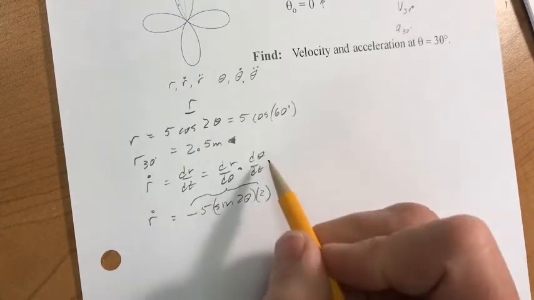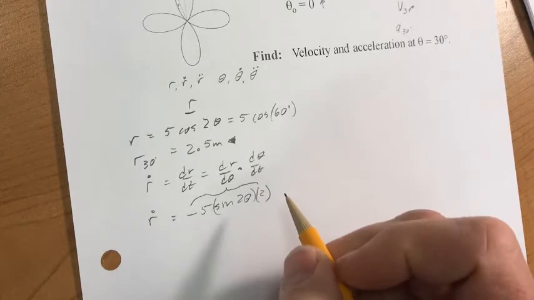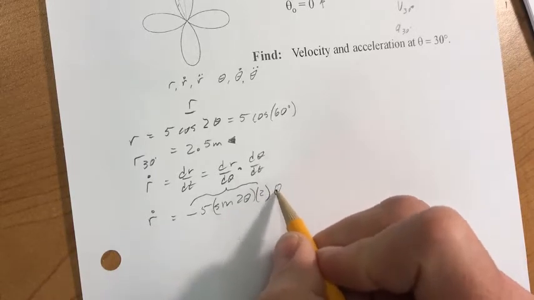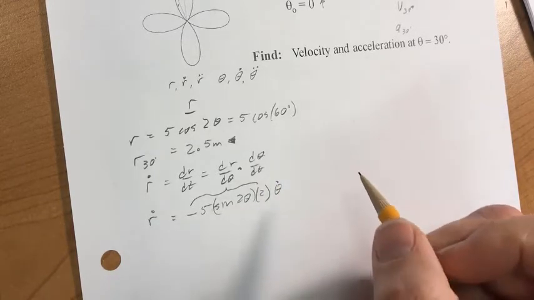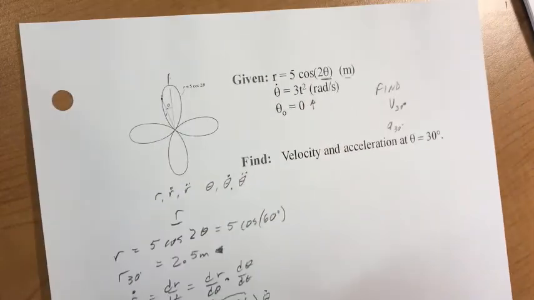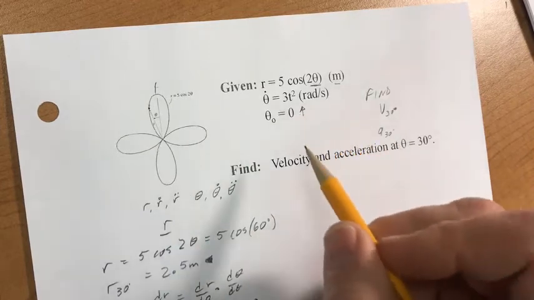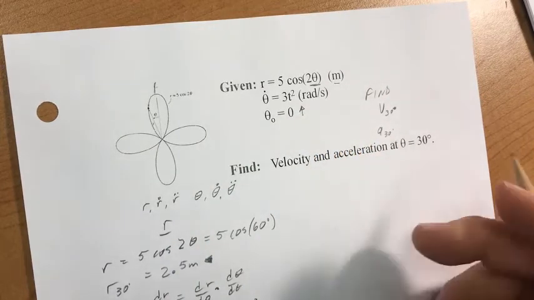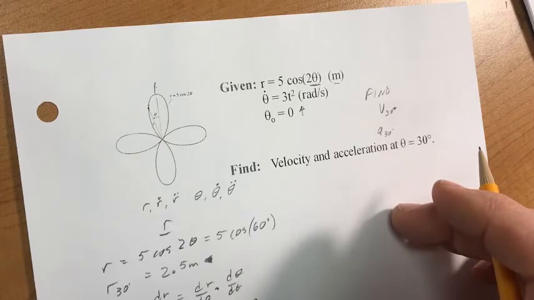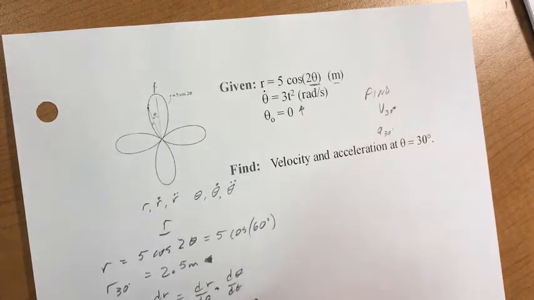What we also have to do is multiply that by d theta dt, which is theta dot, which we don't know. We know it in terms of time, but we don't know how much time it takes to get to 30 degrees. So we need to find theta dot before we go any farther. And we can go ahead and simplify this a little bit.